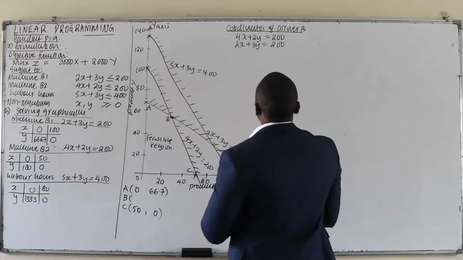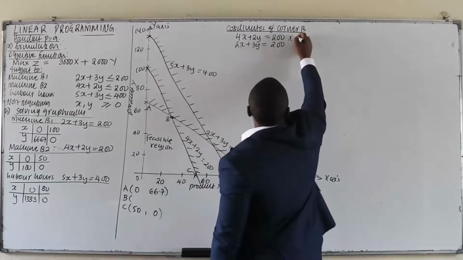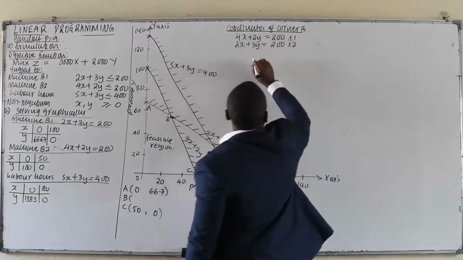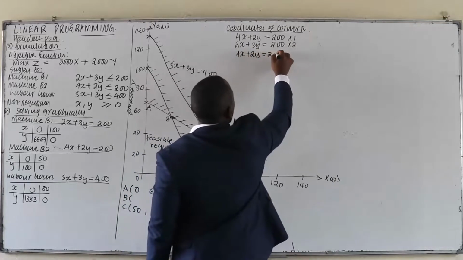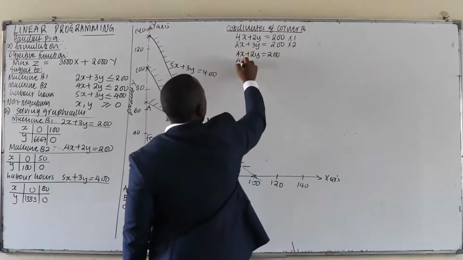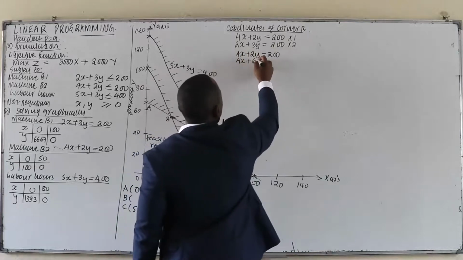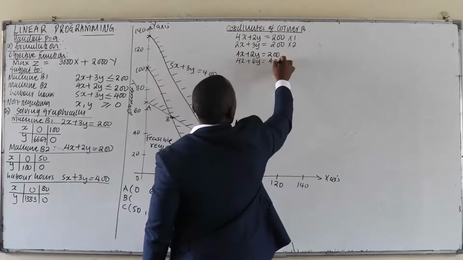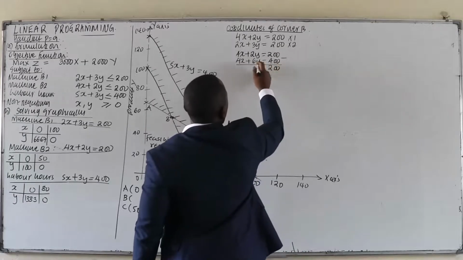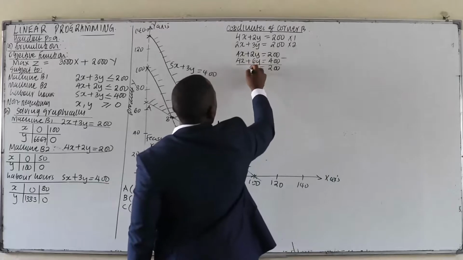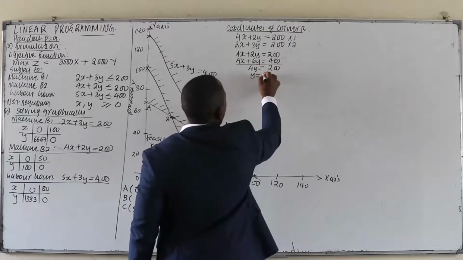Then you solve simultaneously. Here you multiply by 1, here you multiply by 2. So this one will be 4x plus 2y equals 200, and I'll have 4x plus 6y equals 400. Then you subtract: 400 minus 200, you get 200; 6y minus 2y, you get 4y. That means y is equal to 50.